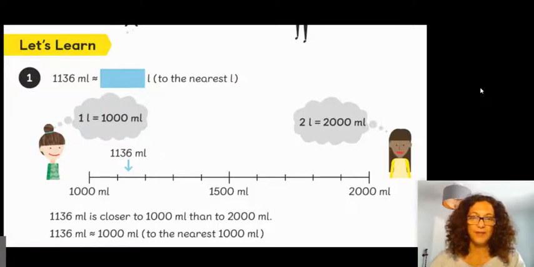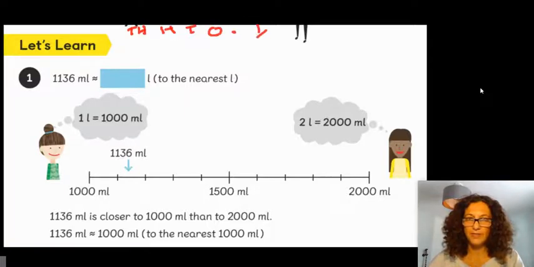So here's my number, my place value chart. There's my thousands, my hundreds, my tens, my ones. I'm also going to put some tenths, hundredths here. Now, I've got my 1,136 millilitres. I'm going to divide by 1,000. How many zeros are in 1,000?